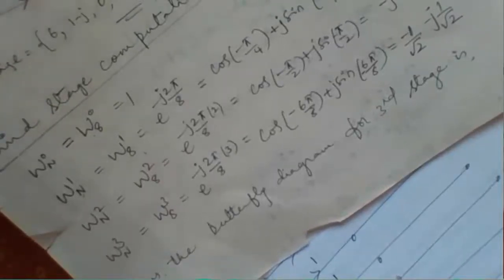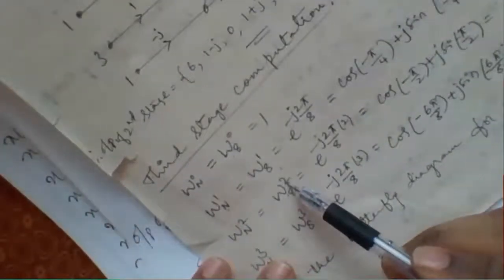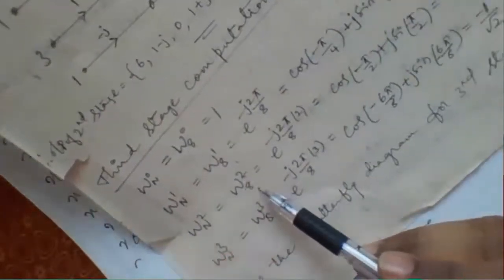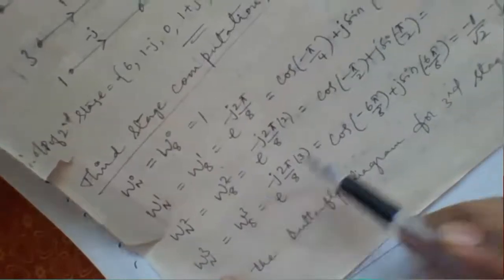Similarly, the second one, W raised to 2. Its suffix is 8 here as it is the third stage, so its value will be simply minus j. On the signal flow graph I will write minus j.